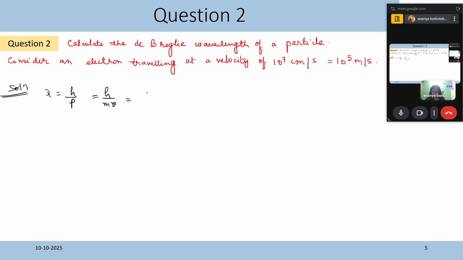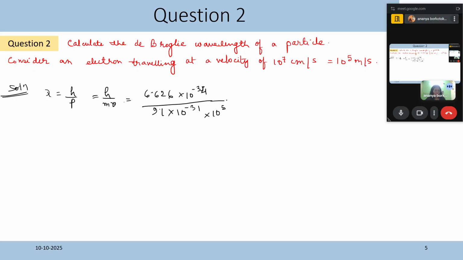So what will this value be? Planck's constant 6.626 into 10 to the power minus 34, this is in joule second, and then m is 9.1 into 10 to the power minus 31, and velocity is 10 to the power 5.